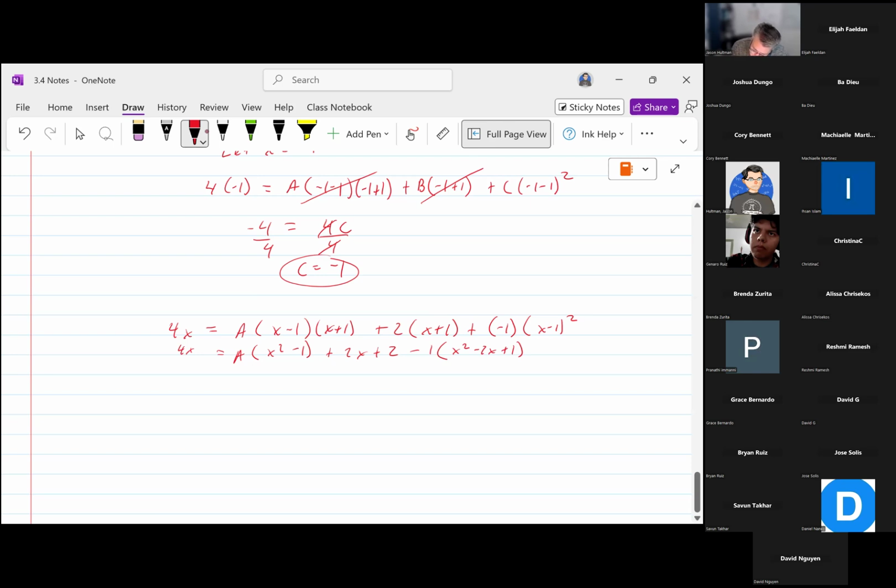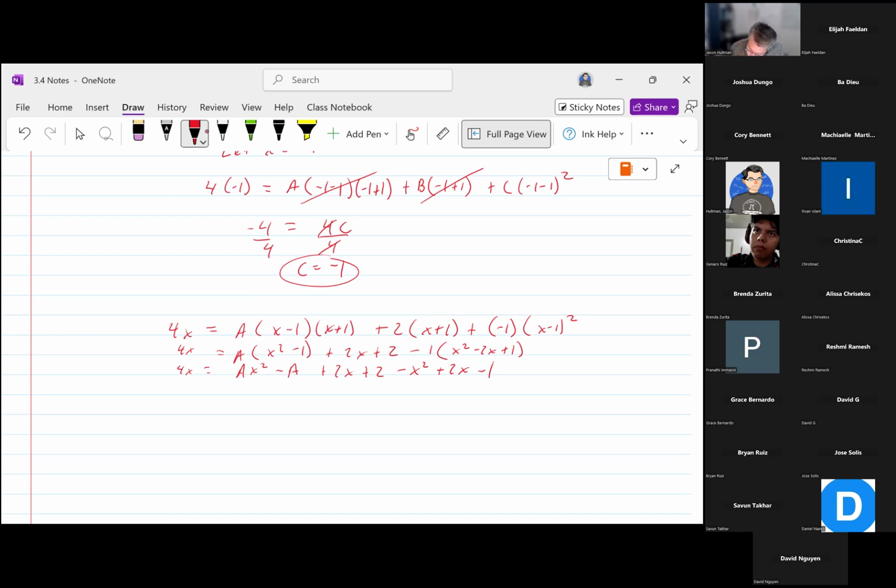So let's keep going and try to clean this up. This is ax squared minus a plus 2x plus 2. Distribute the -1: minus x squared plus 2x minus 1. Let's put the like terms next to each other and start combining.